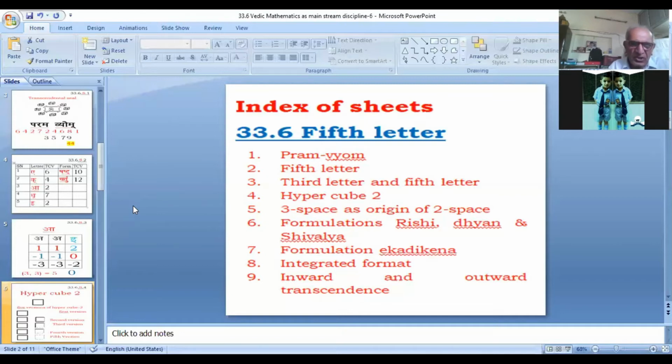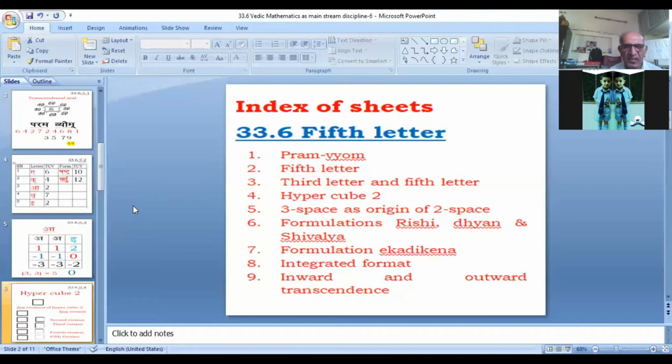Therefore, the transition from letter 4 to letter 5 in fact is going to be a transition and sequential progression from the reach up till the fourth letter, a step ahead up till the fifth letter.